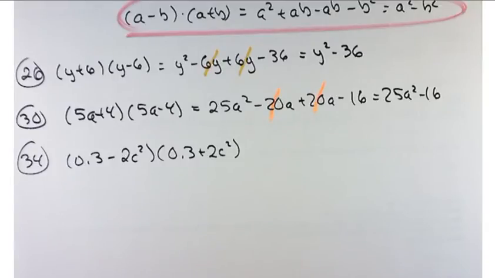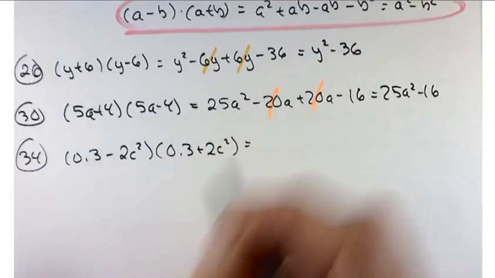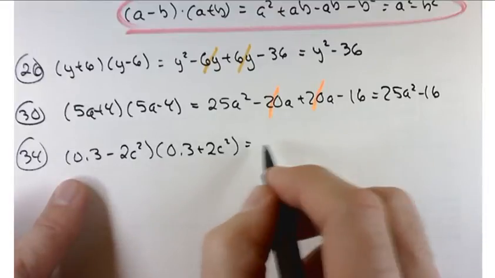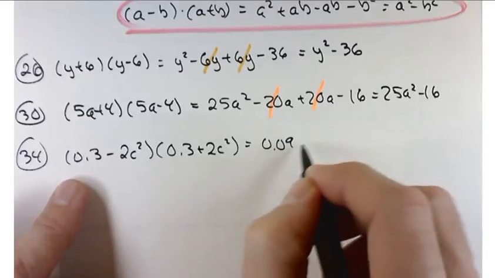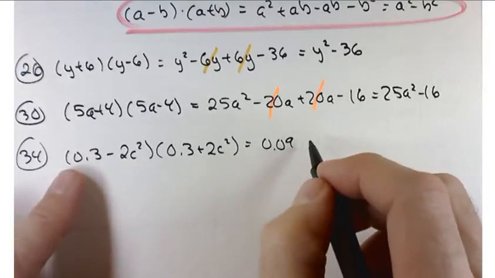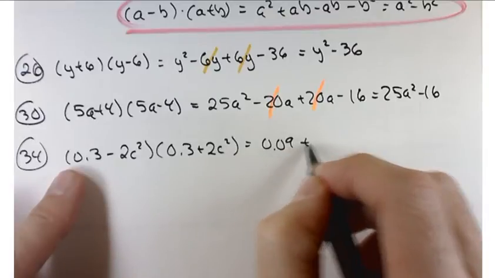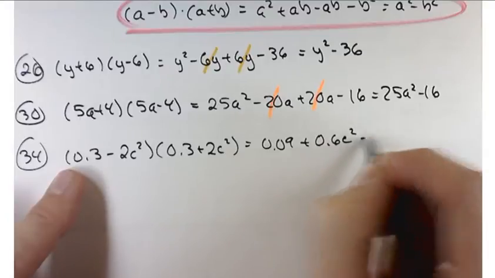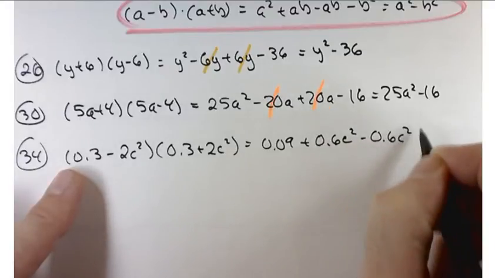So, Ted. First terms. Good. So 0.09. Good. All right. Plus 0.6c squared. Excellent.